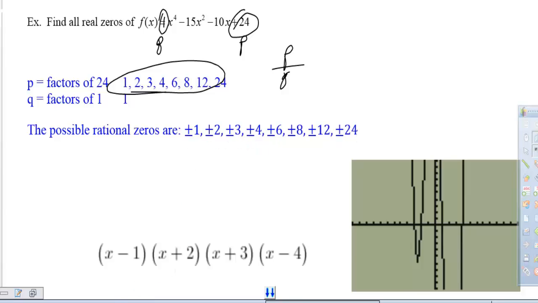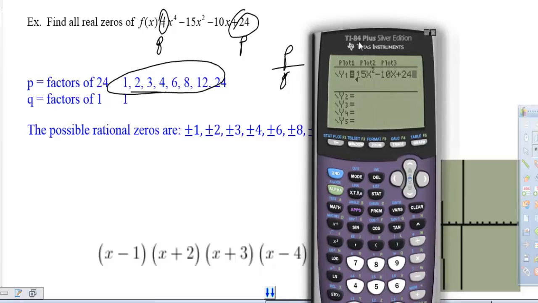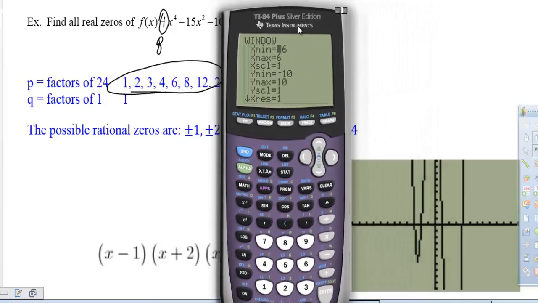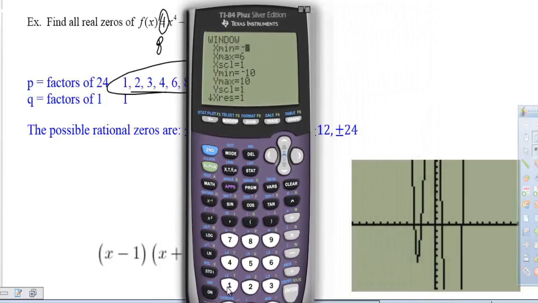So what we're going to do now is go ahead and look at this on the calculator. And in reality, I should set this to a -24 and a positive 24, to make sure that I'm getting a picture that includes all of them. And we'll graph it. And I see they are much closer in.